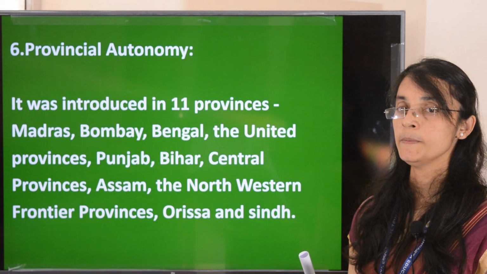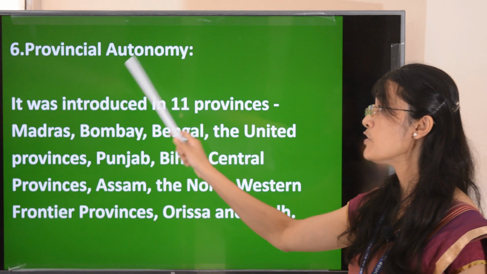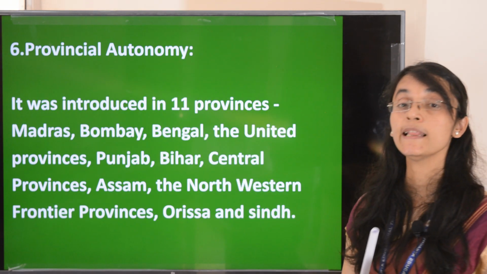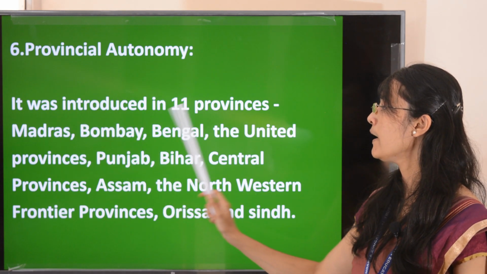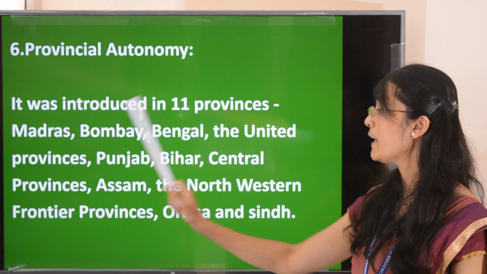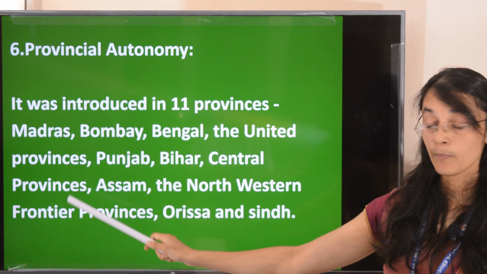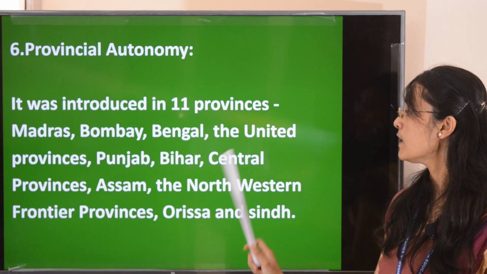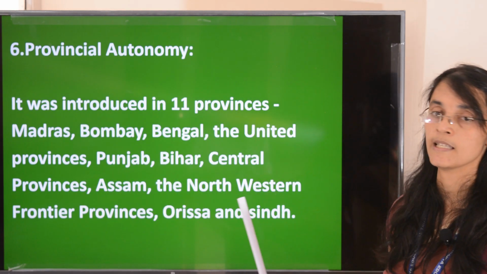See students, here the Act of 1935 introduced provincial autonomy in 11 provinces. For example, in Madras, Bombay, Bengal, United Provinces, Punjab, Bihar, Central Provinces, Assam, North-Western Frontier Province, Orissa and Sindh.